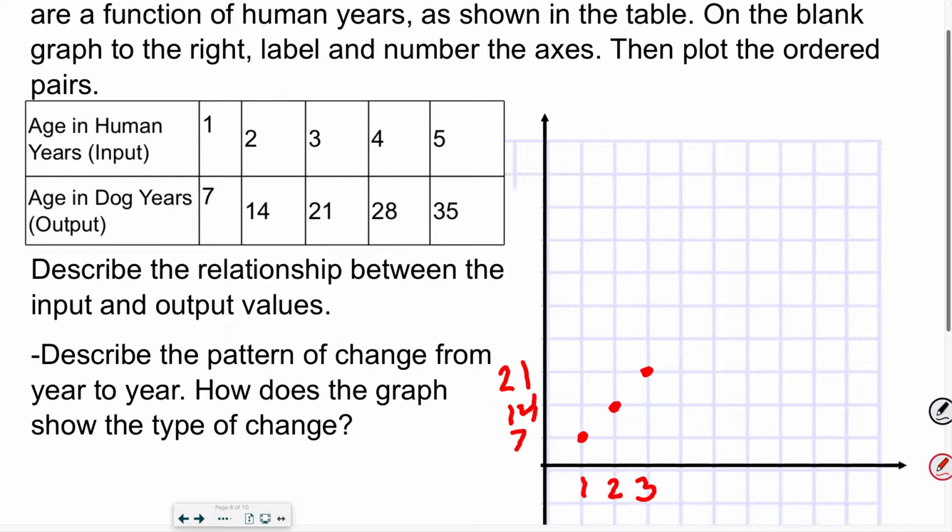Good. So can we write an equation for this? y equals... we're off to a good start. Good, 7x. Plus 1? No, plus... What's our y-intercept? 0.